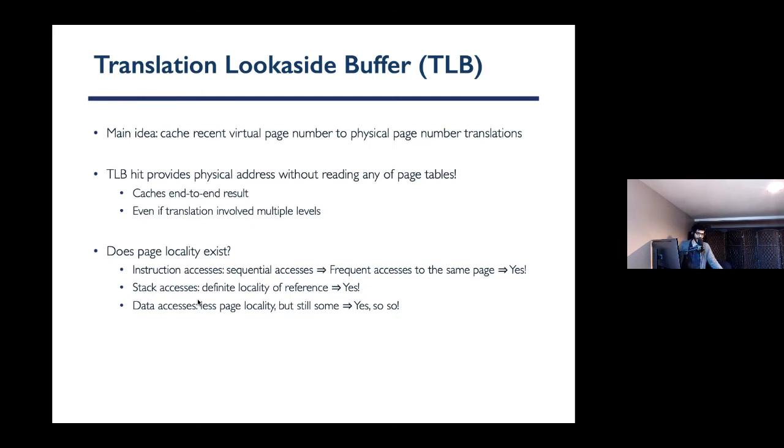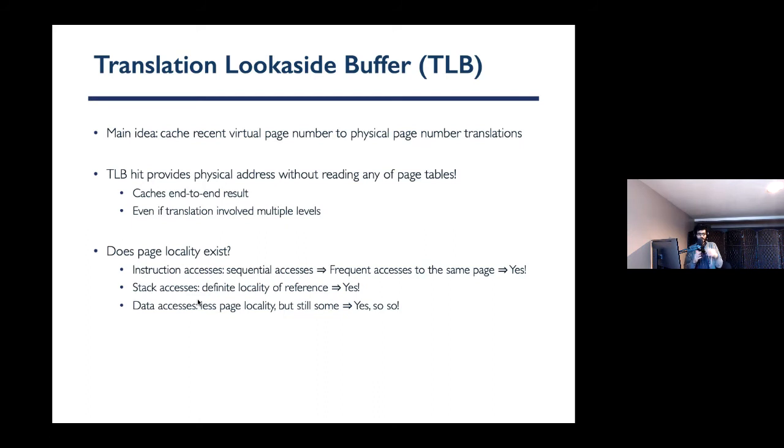Now, if you're accessing, let's say, your stack, you still have some locality, right? Because you're probably going to access the data in your stack inside your functions. So you probably have both temporal and spatial accesses.